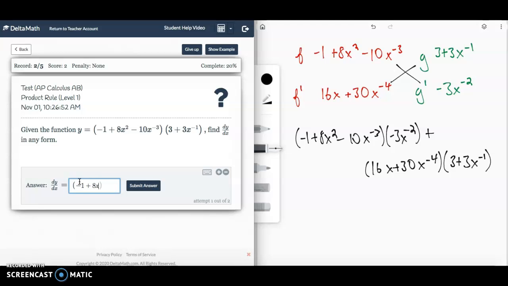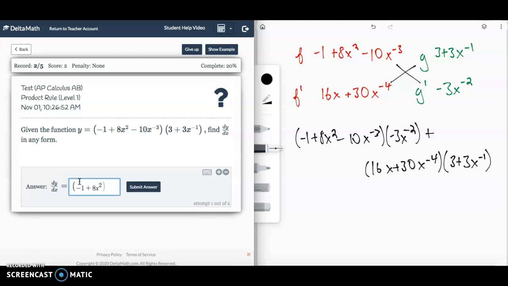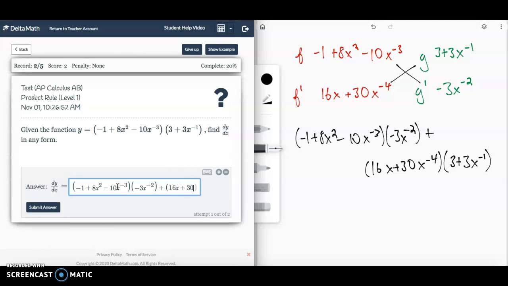So remember, you do Shift 6, that will give you up into your exponent, or you can use the keyboard right here. You'll notice I'm not doing any sort of simplification because it'll take it in any form. So those are my favorite types of DeltaMath problems.